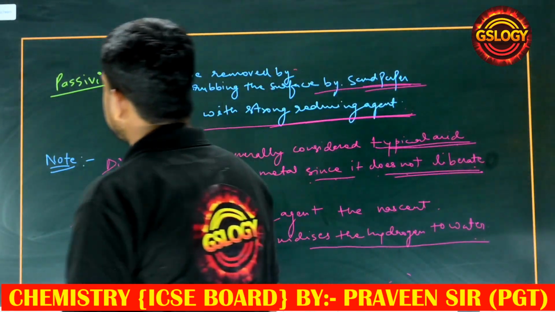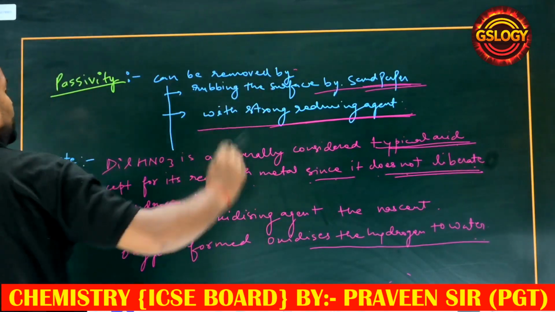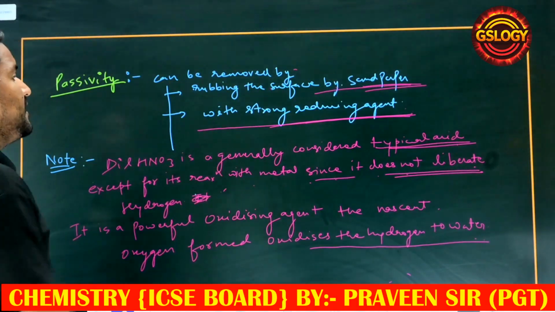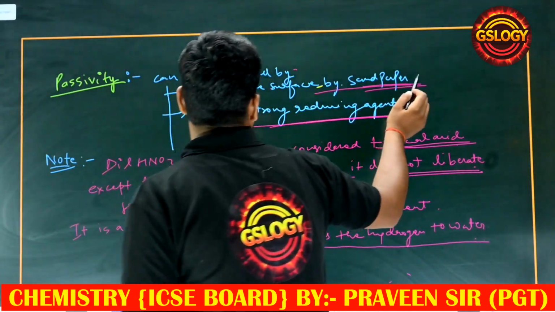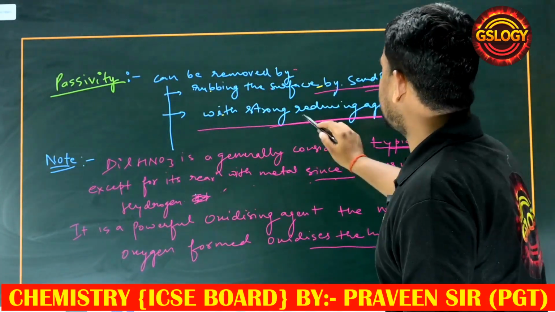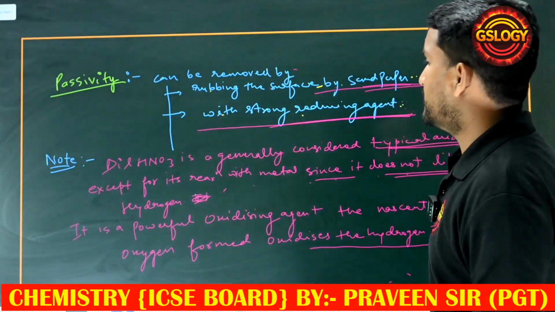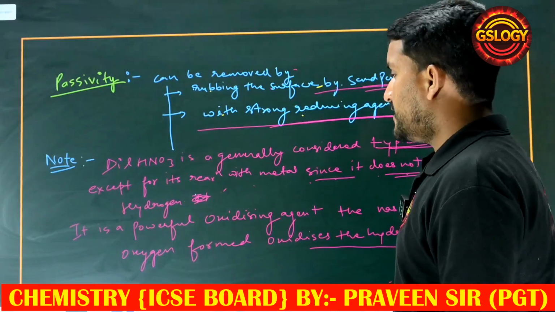Next, passivity can be removed. Passivity is removed by rubbing the surface with sandpaper and with a strong reducing agent.